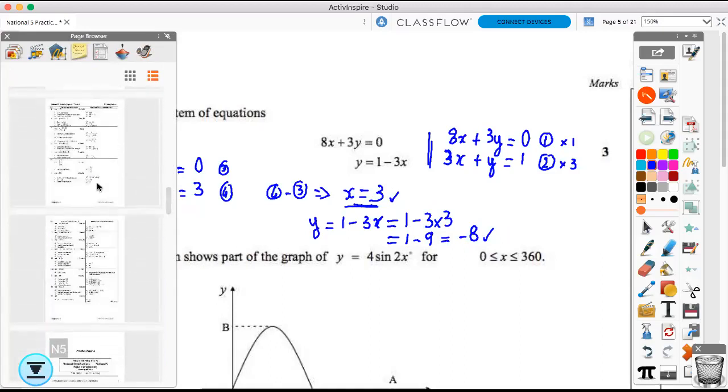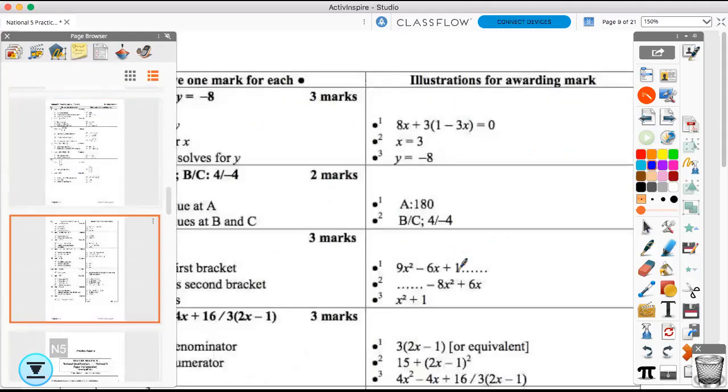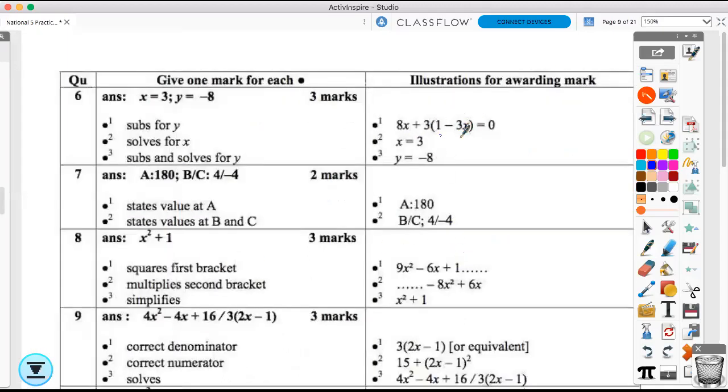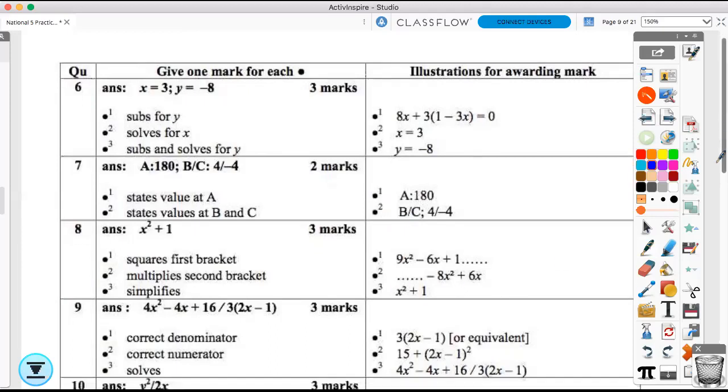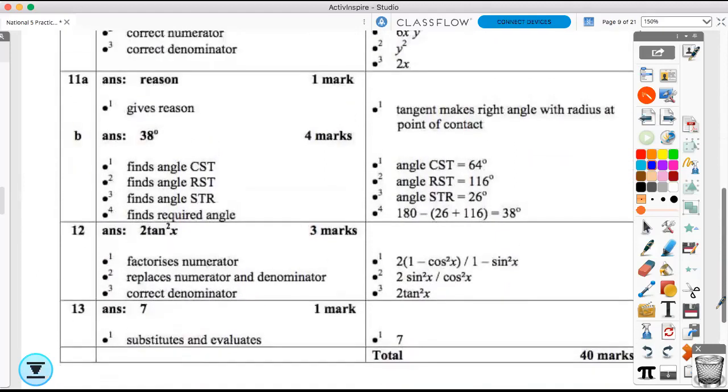Sometimes they use a different way. So it's this paper here. The way they've done it, they've just replaced y with 1 minus 3x, and then they've expanded it and solved it. So you can substitute, or you can do it the way we've done it. You still get the 3 marks. And then you see all the questions coming after, how marks are allocated, 1, 2, 3, 1, 2, 3, and so on.